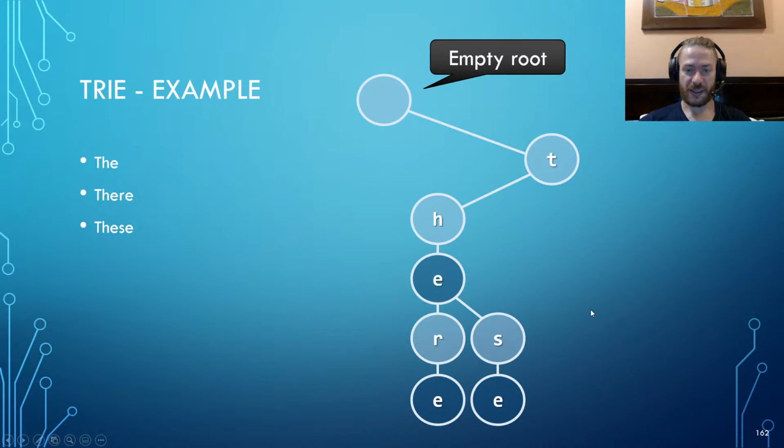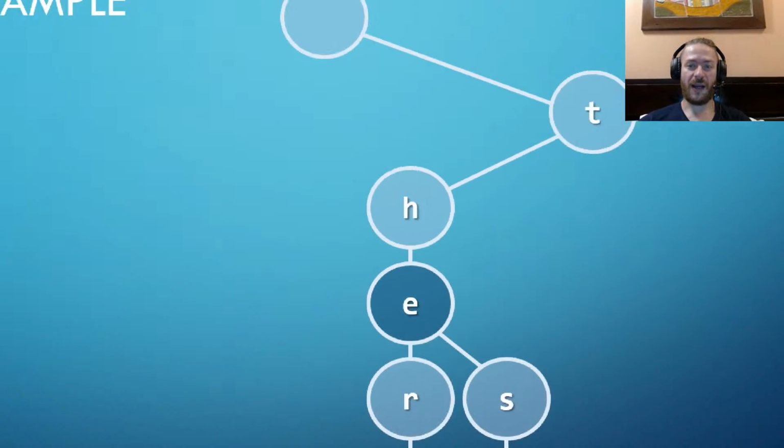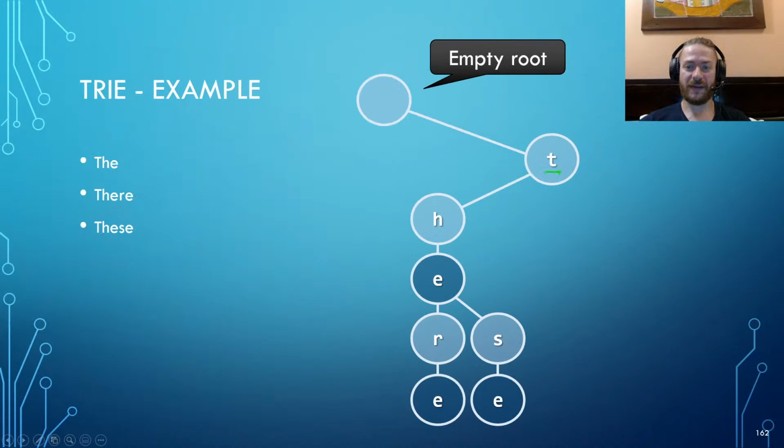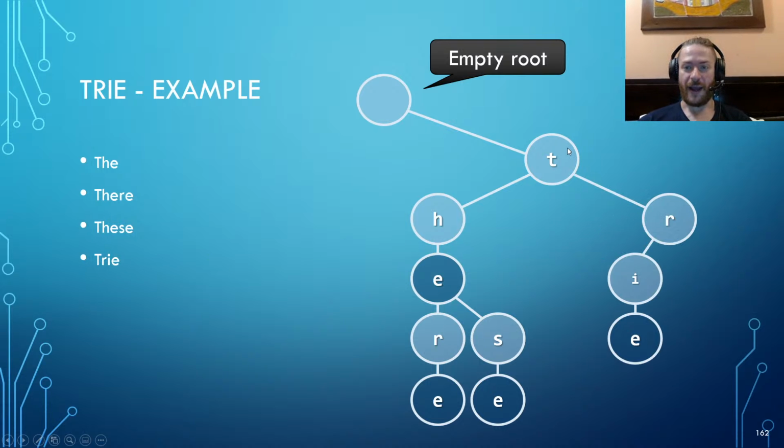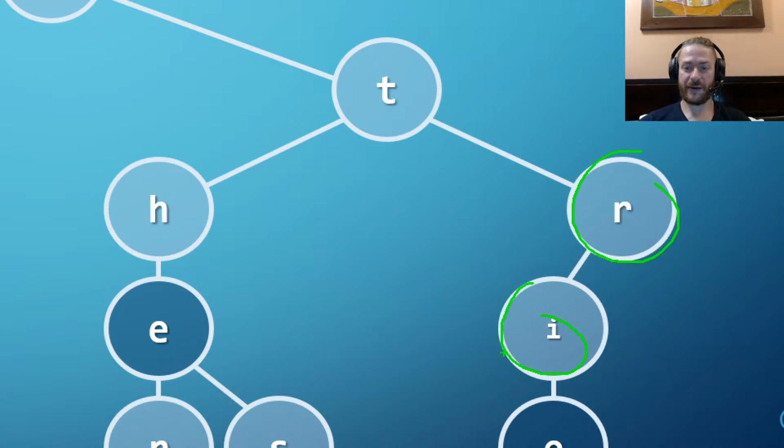The direction doesn't matter. It's important to see that all the letters which the trie already contains are not included again. It just branches whenever it needs to add something else. When we need to add TREE, it will not add a T because it's already added, but it will add R-E-E.